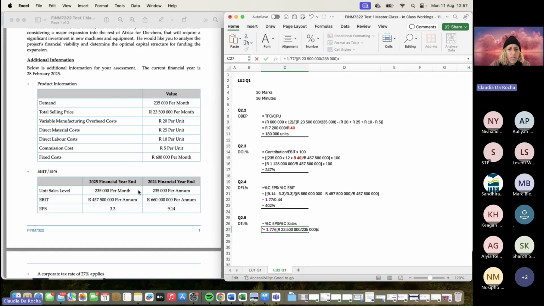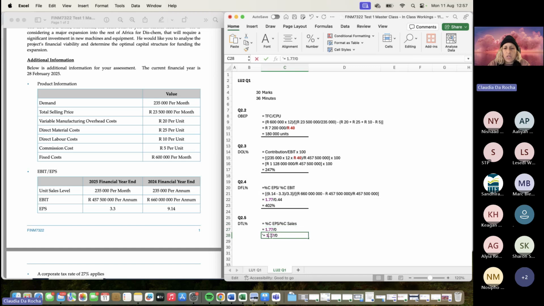We have a 235,000 unit sales level, and we know that the unit price we have. So you can actually factor in that your percentage change in sales is actually 0.